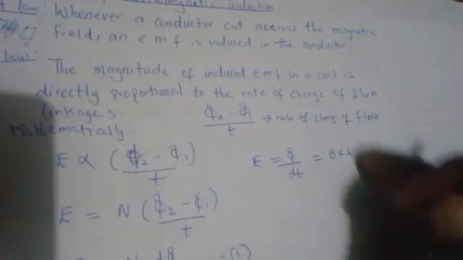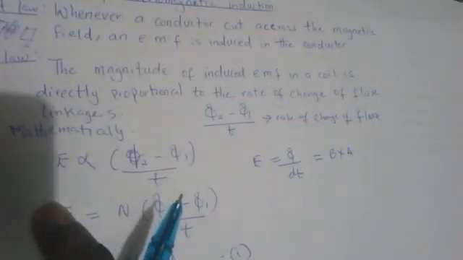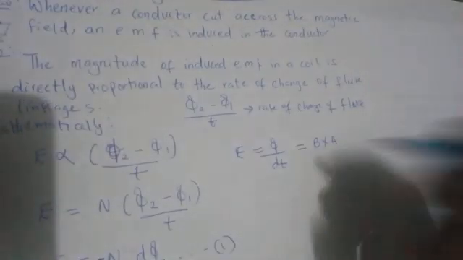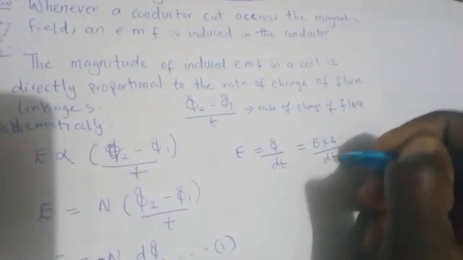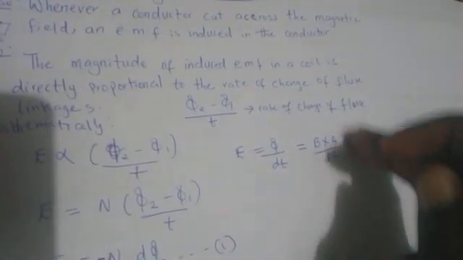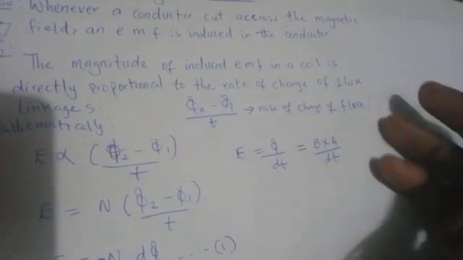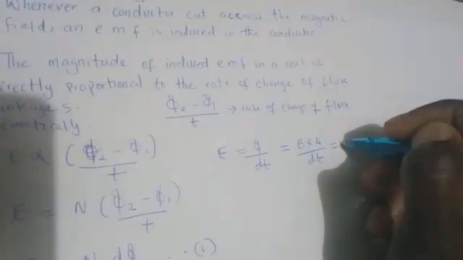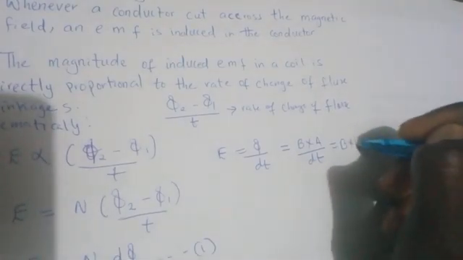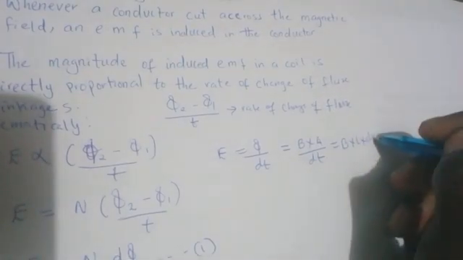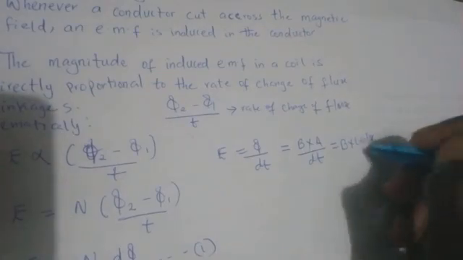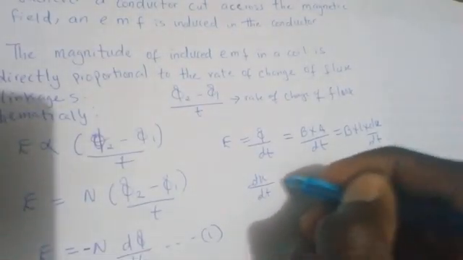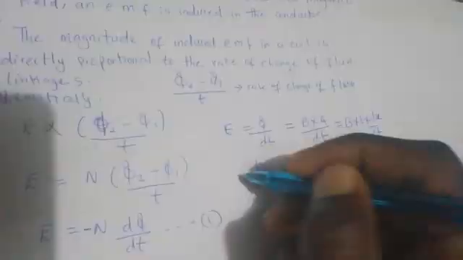Here we are going to consider the area served by the conductor, and our area is the length multiplied by the small distance. That is B multiplied by length multiplied by dx, the small distance, over dT. You know that dx over dT is velocity.